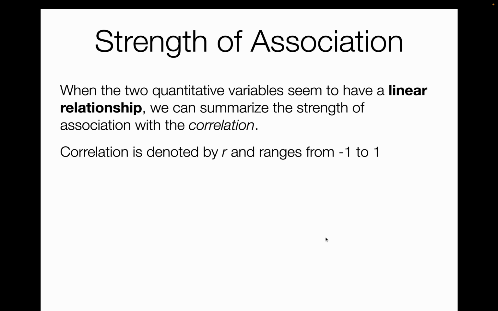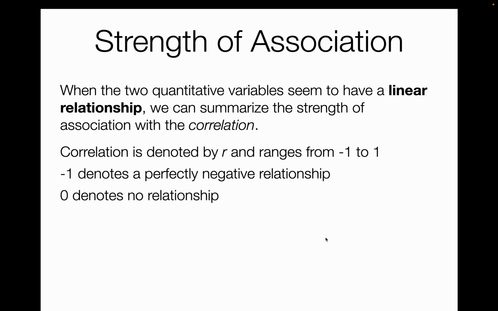The correlation ranges from -1 to 1, where -1 is a perfect negative relationship, and +1 is a perfect positive relationship. So -1, perfectly negative, +1, perfectly positive, and in the middle you've got 0, which is no relationship whatsoever. As x increases, y does not do anything.